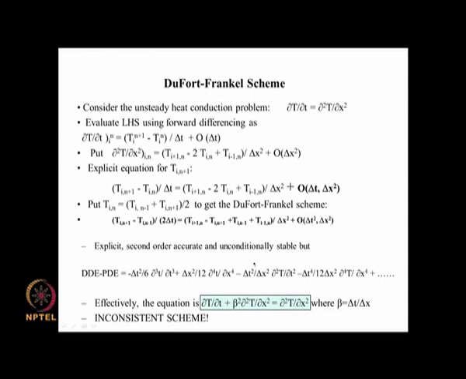So, in that sense, as delta t and delta x tend to 0, as a square here, delta t square by delta x square, it is not necessary that this term goes to a very small value. So, that makes this one not necessarily going to 0 here.